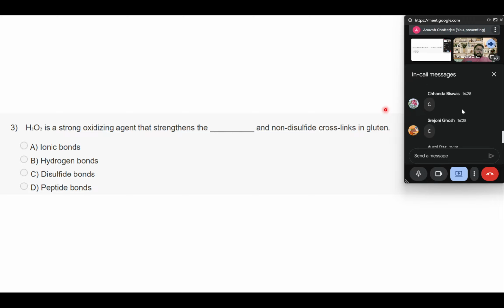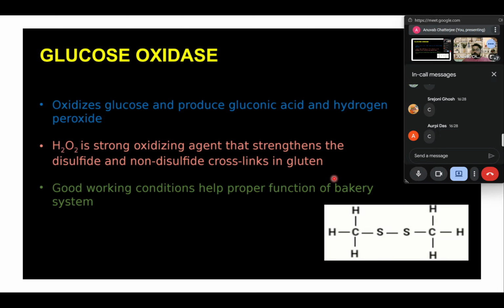Jyoti, Rupsha, Chandra say it is C, disulfide bonds. Srijuni and Oropi also say it is C, disulfide bonds. So let's look at it.